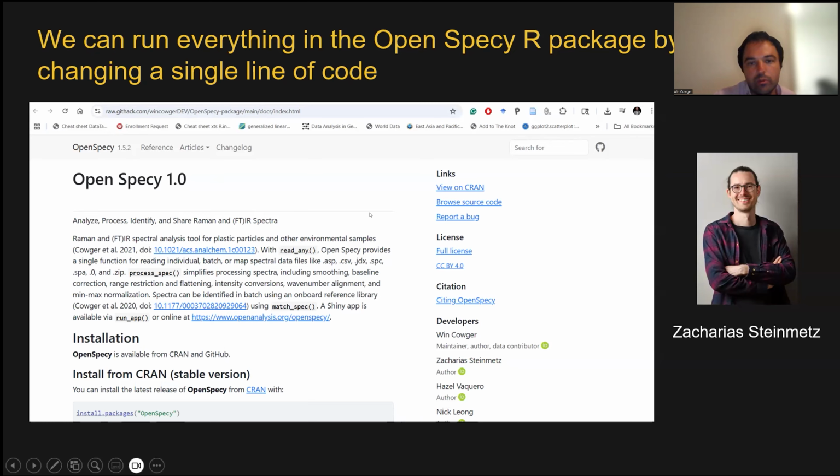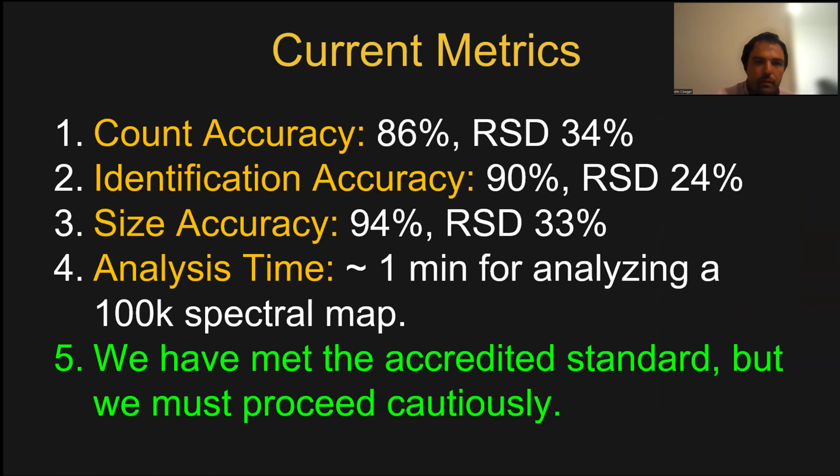We're actually using OpenSpeccy in our lab to completely automate all of our lab analysis. So we're batch processing our hyperspectral images and linking that to all the other data that we're collecting in the lab. After we did this spike recovery experiment, we found that the accuracy in particle count was about 86%.